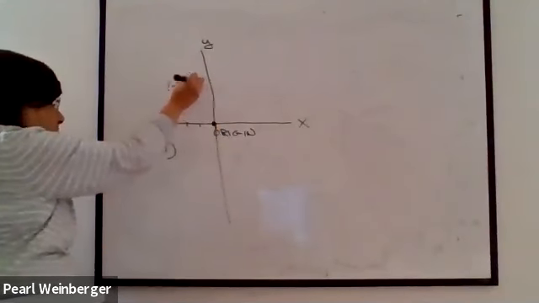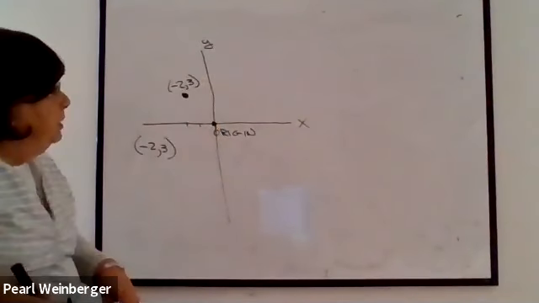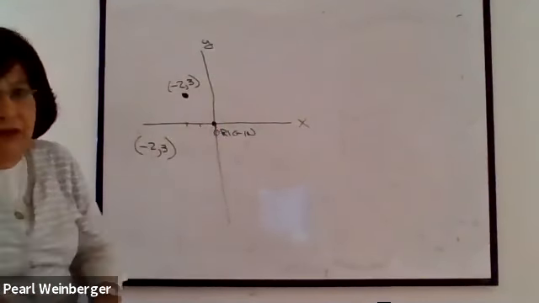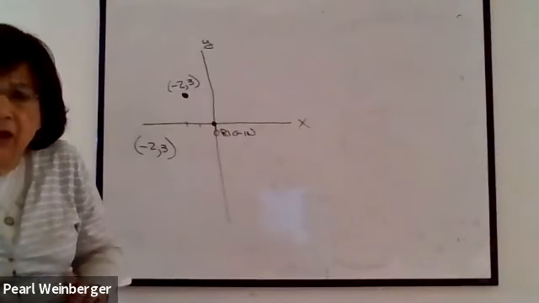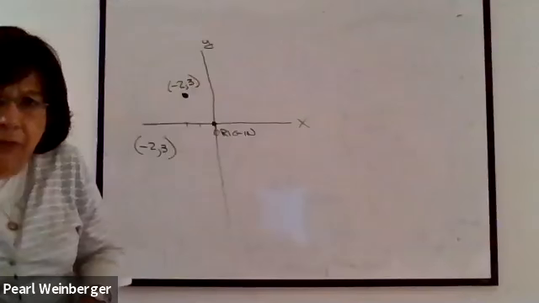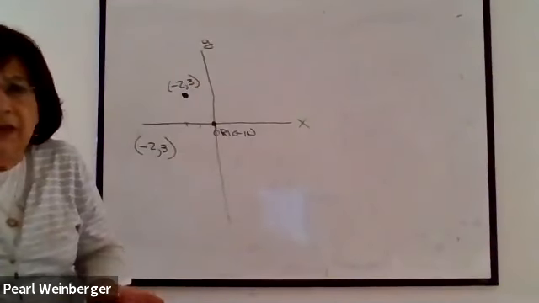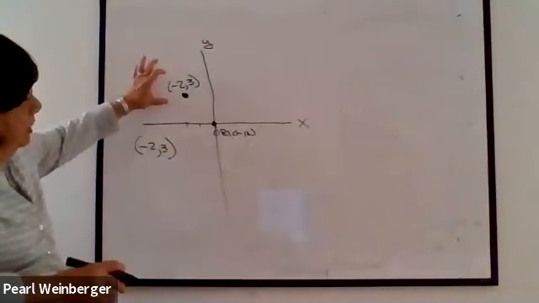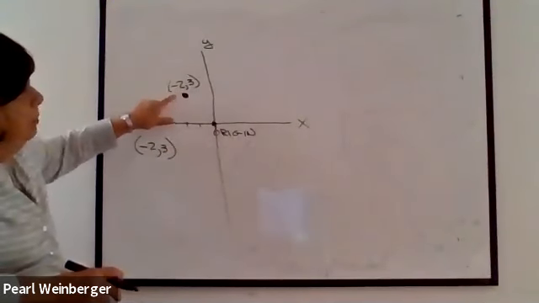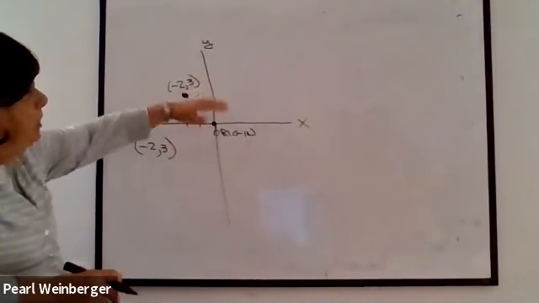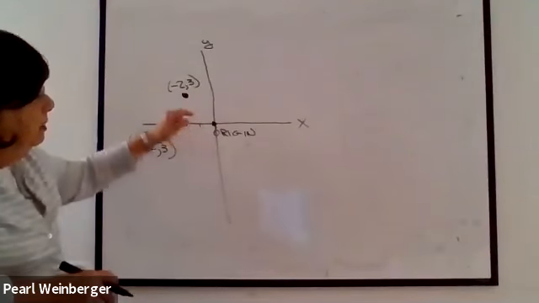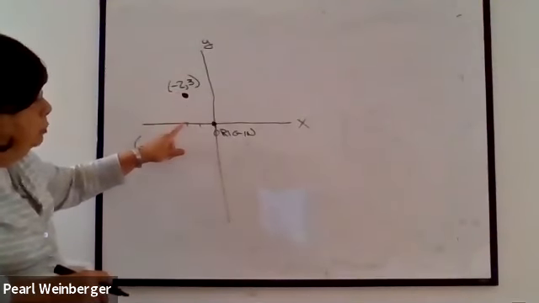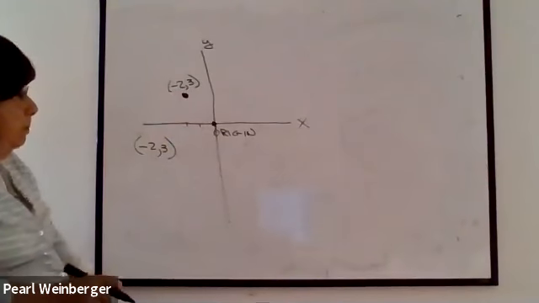I very often say, I'm talking about the point -2, 3. That's really not good language, because -2, 3 is not a point, it's numbers. But when I say the point -2, 3, it means the point on the plane that I get to by going 2 to the left and 3 up.